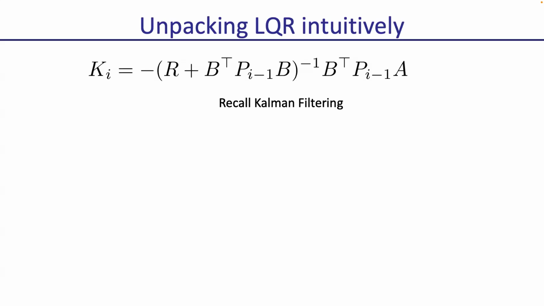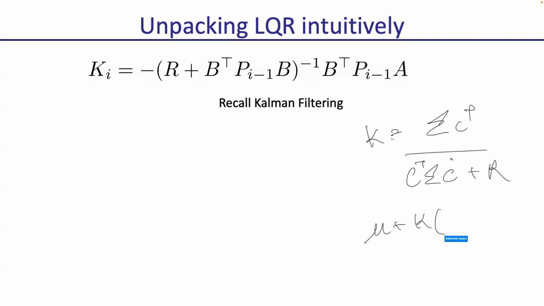We had sigma C transpose times the inverse of C sigma C transpose plus R, and we call this thing K. Then our mean was adjusted by mu plus K times y minus C mu, and our variance was shrunk by I minus KC times sigma. The observation step looks something like this.